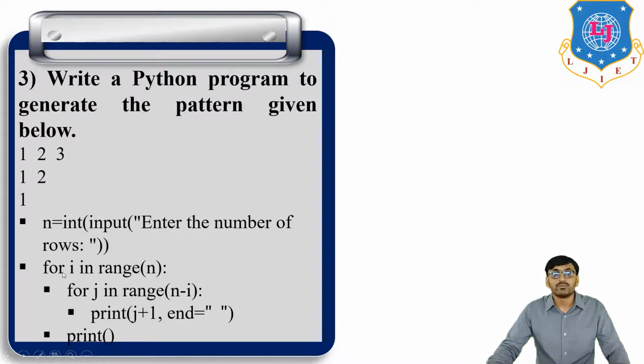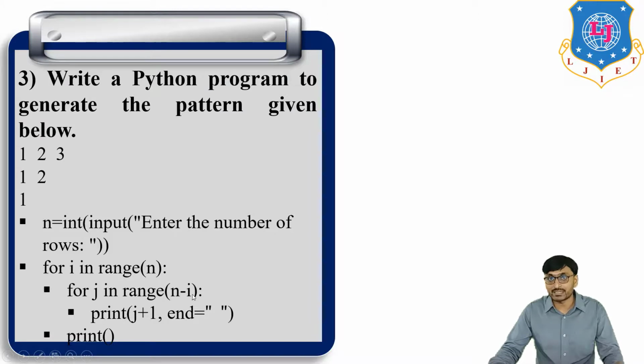So first, for i in range of n, for example n is equal to 3. So for i in range of 3, it means i is equal to 0, i is equal to 1, i is equal to 2. So there are three values of i: 0, 1 and 2. Now first i is equal to 0. Now inside the for loop, j in range n minus i.